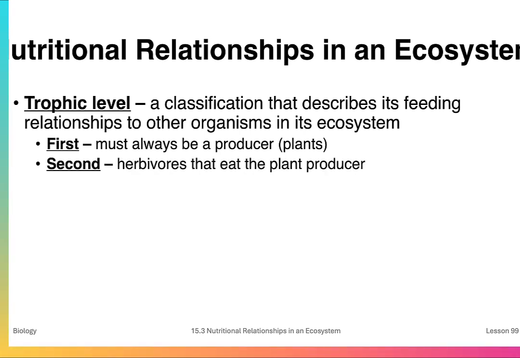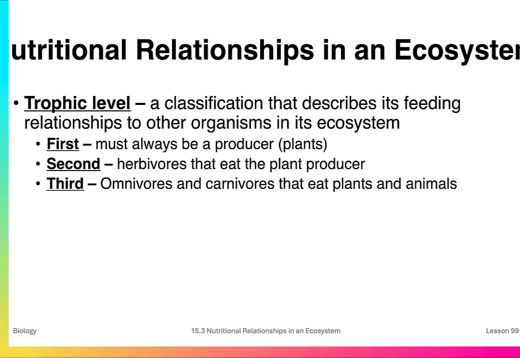The second level is almost always a herbivore because it eats the first level, and so it eats the plants. And these herbivores eat the plant producer and then become victims for the third level, the omnivores and carnivores that eat. In the case of omnivores, they eat both plants and animals. On the other hand, the carnivores strictly eat animals.